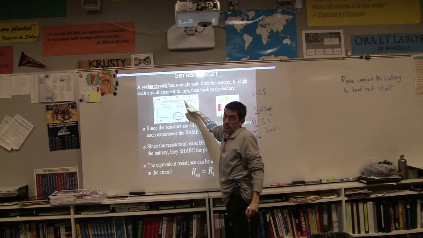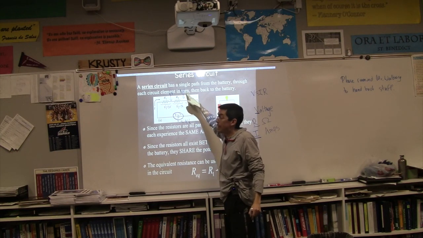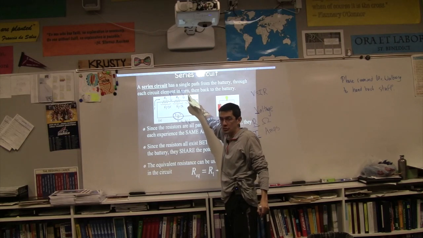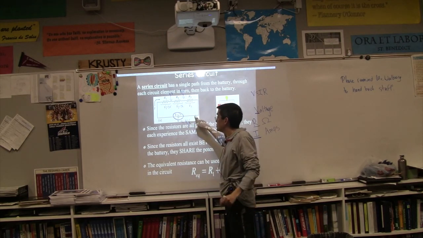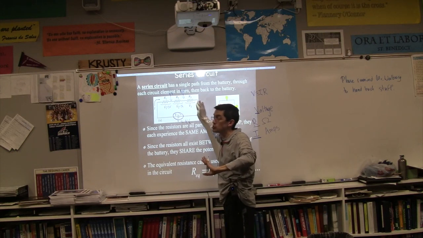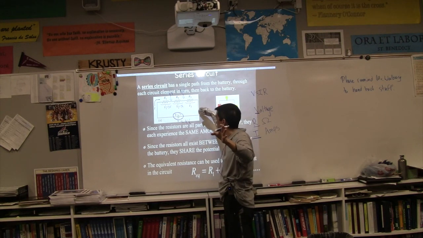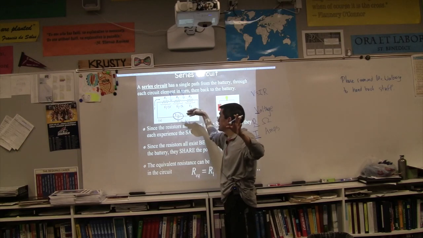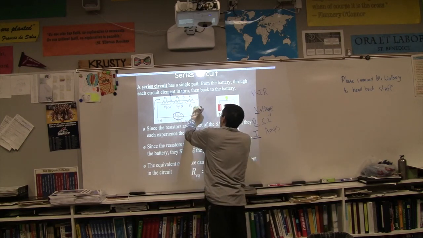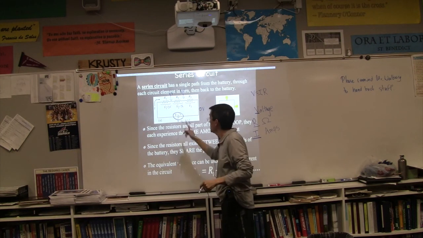That means this last resistor will have to be responsible for the remaining 5 volts of potential drop, so that when it comes out of here, you might as well just call it a law, I don't know if it is, but whatever, every time these currents come out of here and they have nothing left between the wire and the battery, all of this is going to be at 0 volts. And it's going to go into the battery, then it will go back up.